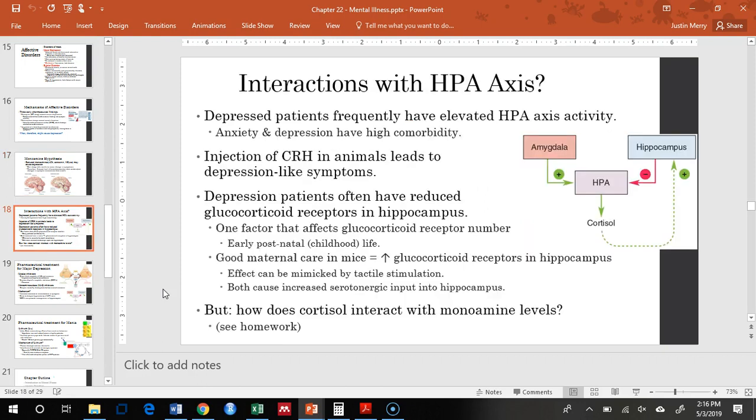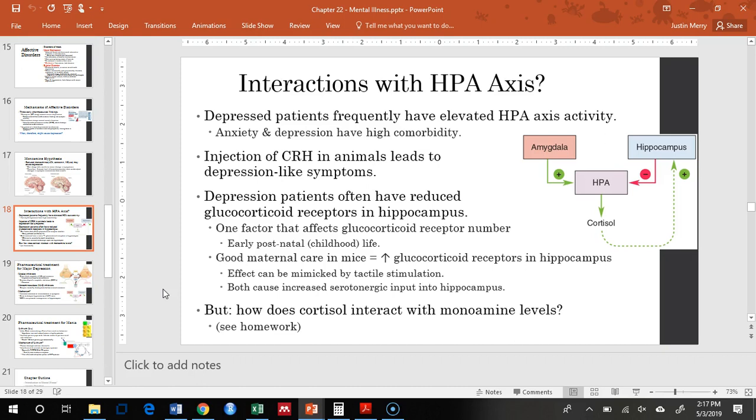Yeah, so there's this interaction. There's some kind of involvement. As far as HPA axis, mostly we talked about HPA axis with anxiety, but with depression, there is this effect that can happen. Normally what moderates cortisol is a feedback system where if you have too much cortisol, it stimulates glucocorticoid receptors in the hippocampus, which then reduces HPA output.